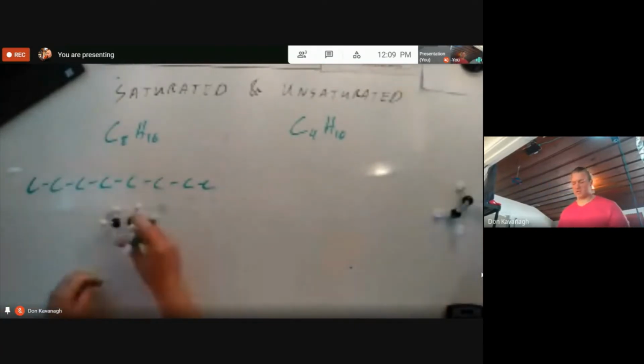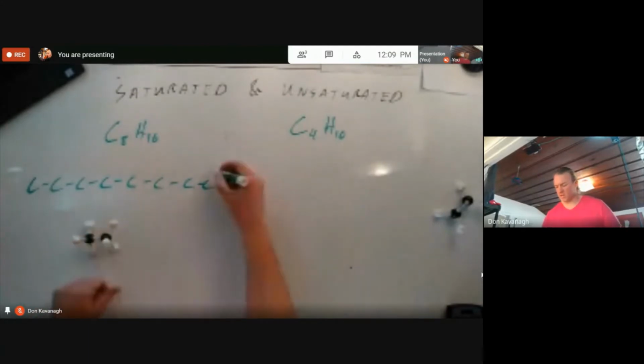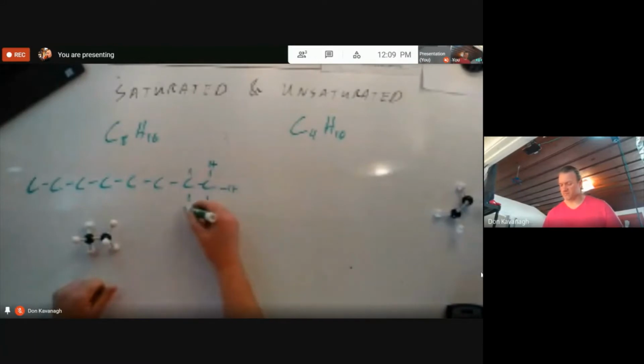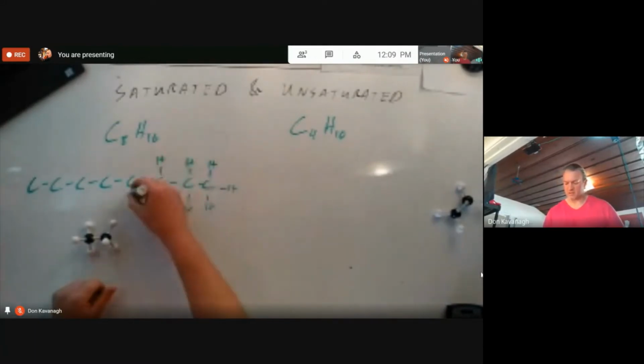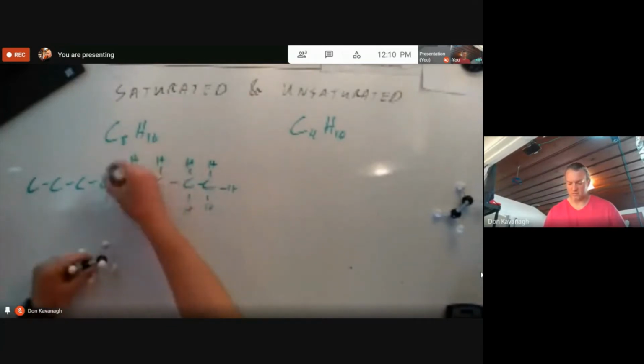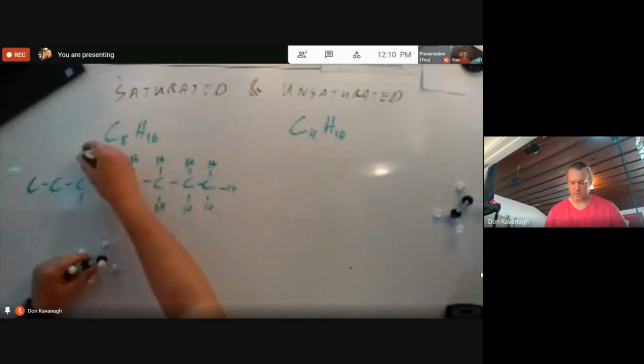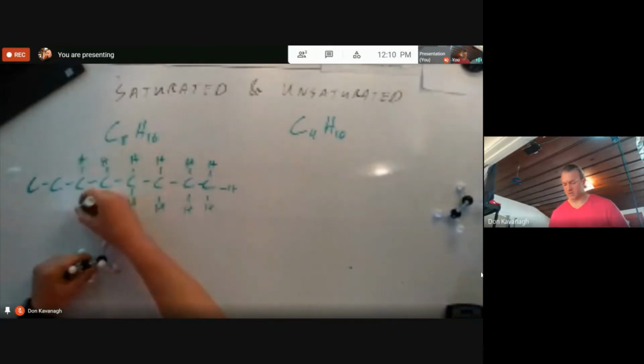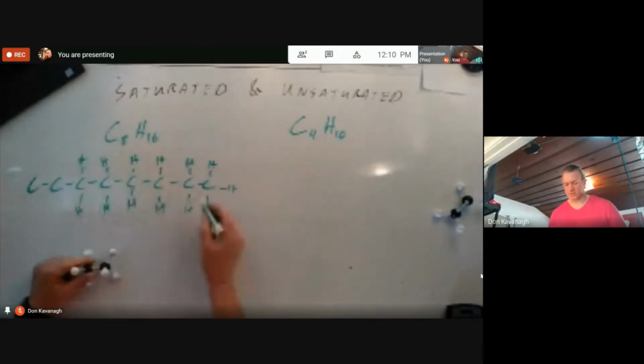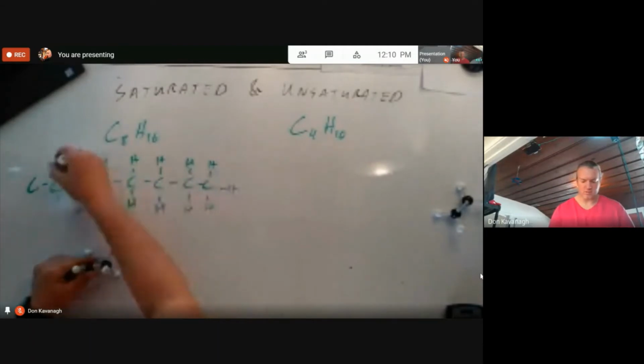I'm going to make every single carbon bonded 4 times and fill it in with hydrogens and see how many hydrogens I need. I'm only allowed to have 16 because that is what this formula is. Let's see how many I got so far. 6, 12, 13, 14, 15.